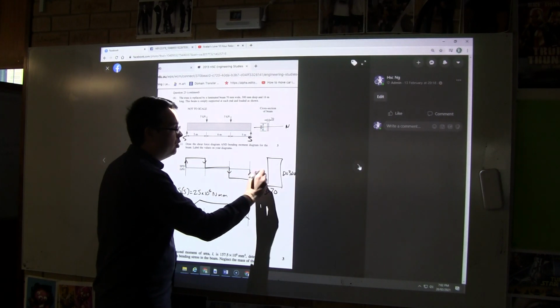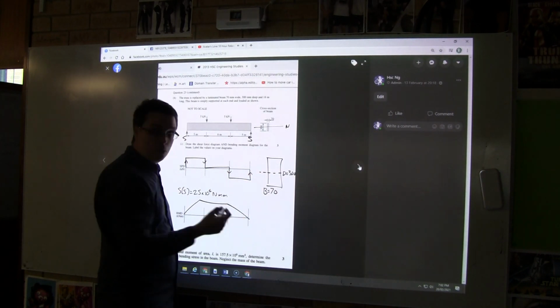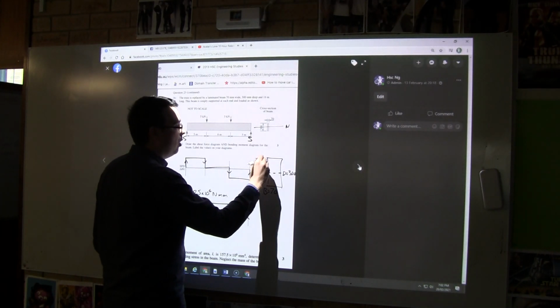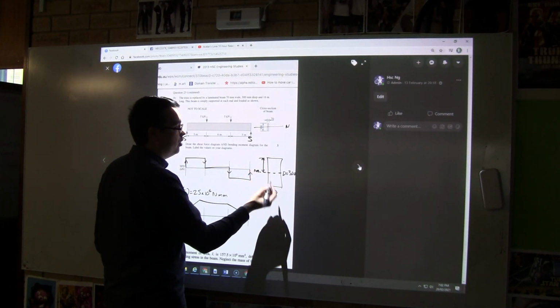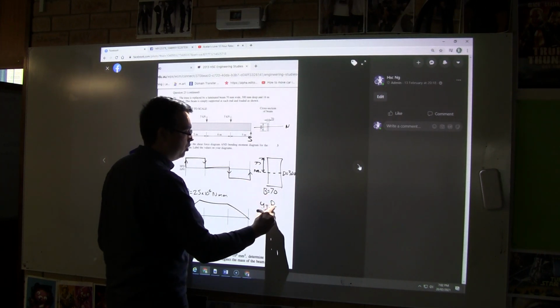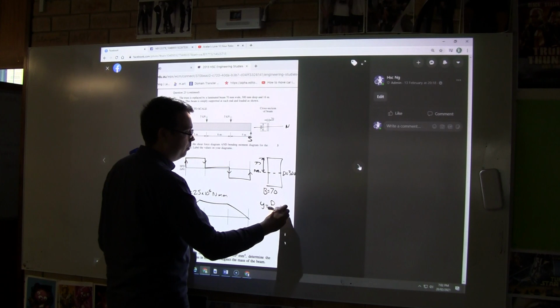So our neutral axis is going to occur halfway because it's a rectangle. Our y value is going to be the same either way. And so our y is going to equal D over 2, which is going to equal 150.